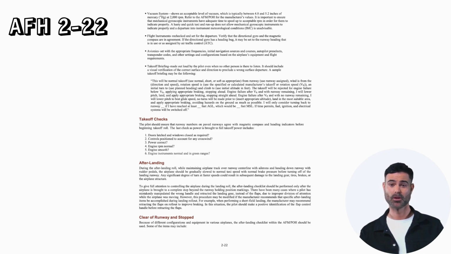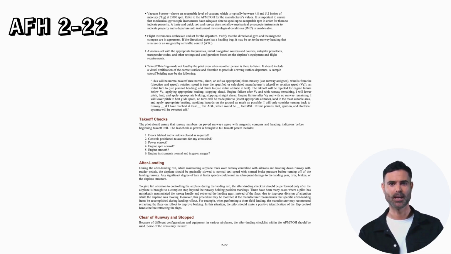The takeoff will be rejected for engine failure below VR, applying appropriate braking, stopping straight ahead. Engine failure after VR and with runway remaining, I will lower pitch, land, and apply appropriate braking, stopping straight ahead. Engine failure after VR and with no runway remaining, I will lower pitch to best glide speed.